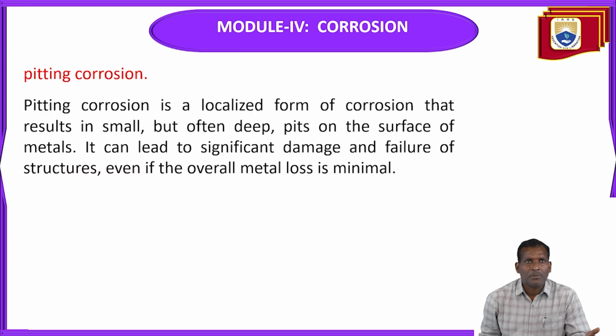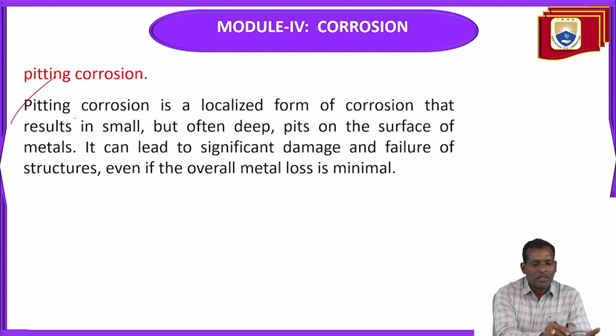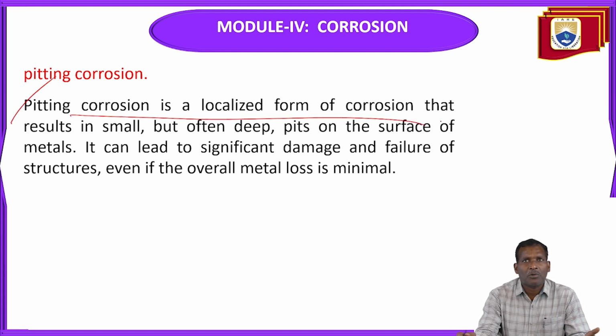Next, pitting corrosion. Pitting corrosion is a localized form of corrosion that results in small but often deep pits on the surface of metals. It can lead to significant damage and failure of structures even if the overall metal loss is minimal.